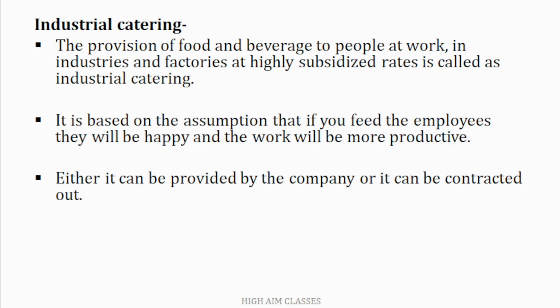Next we have industrial catering, related to industry. Food and beverage provided for the people at work, the workers or the staff in industries and factories at highly subsidized rates is called industrial catering.